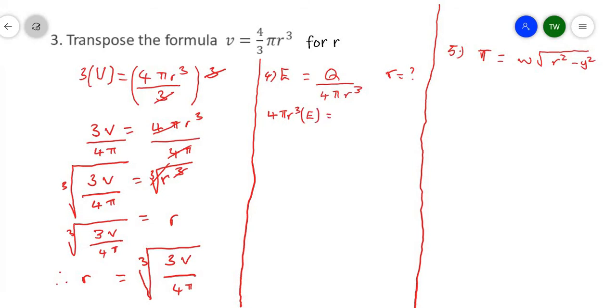And we're also going to multiply the fraction here, which is Q over 4 pi R cube.